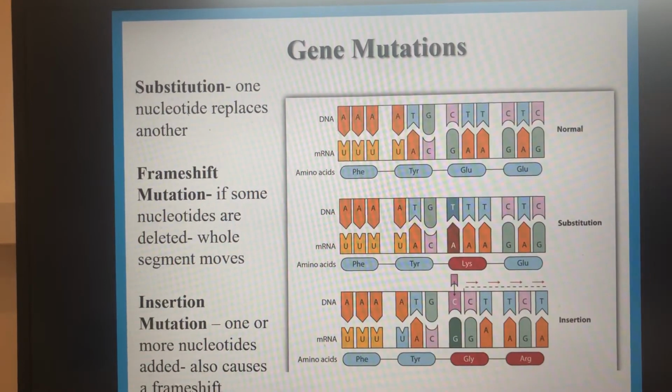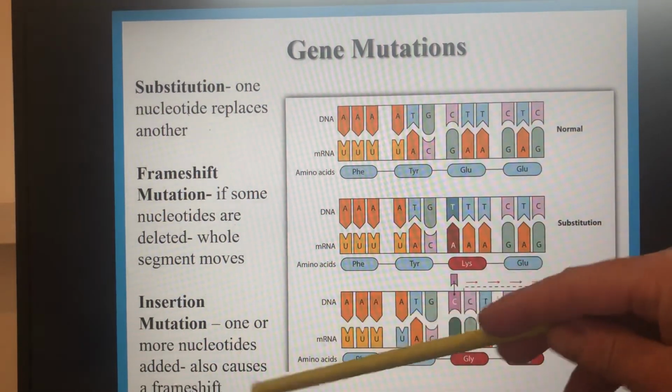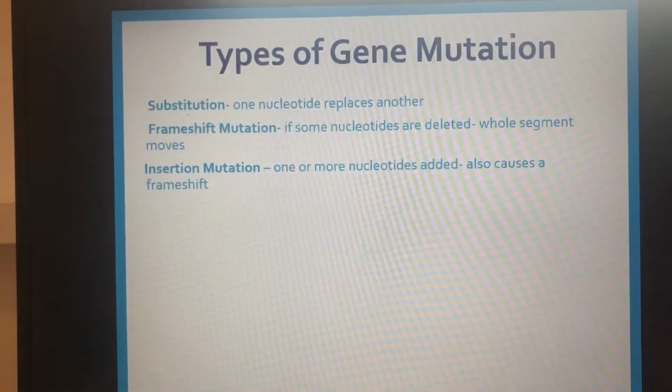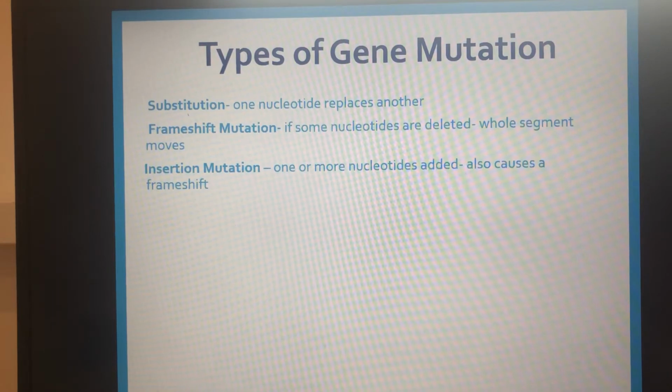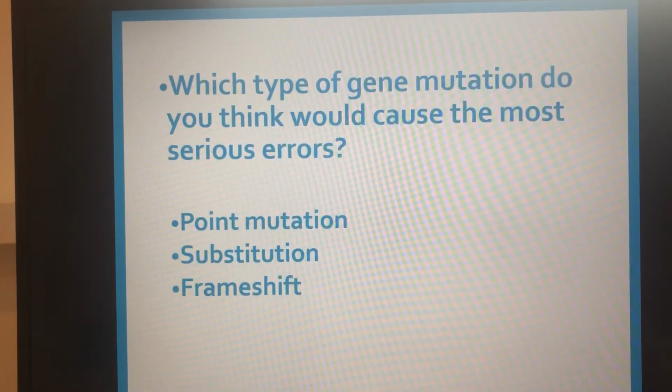So this is written a little weird in the notes, but insertion and deletion mutations will cause a frame shift mutation. So here we have substitution, where one nucleotide replaces another. Frame shift, this would be if nucleotides are deleted, and an insertion mutation is one or more nucleotides added, and it can also cause a frame shift.